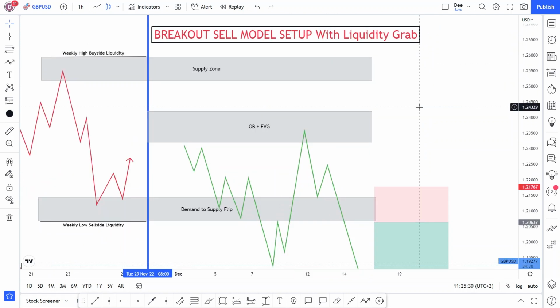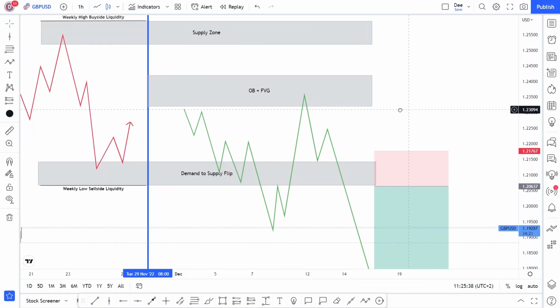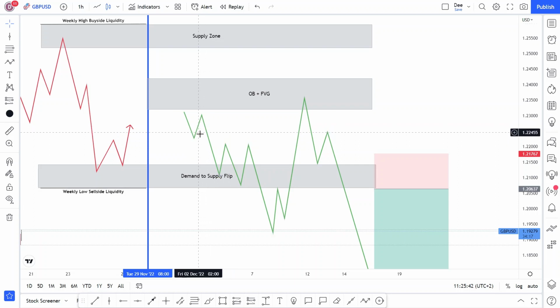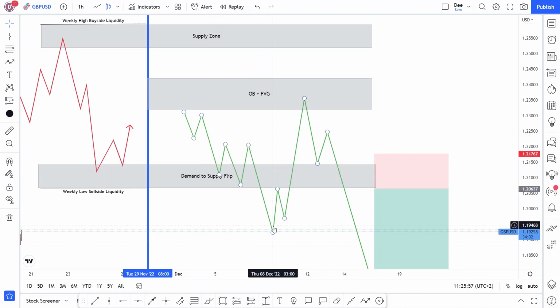This is the last theoretical example before we get into real chart. So we have the breakout sell model setup with liquidity grab. Okay, so what we have here is the market comes into our demand zone. So we know at this demand zone, which is the previous weekly low, we have the buyers. They buy in this demand zone, and immediately the market comes and hits their stop losses.